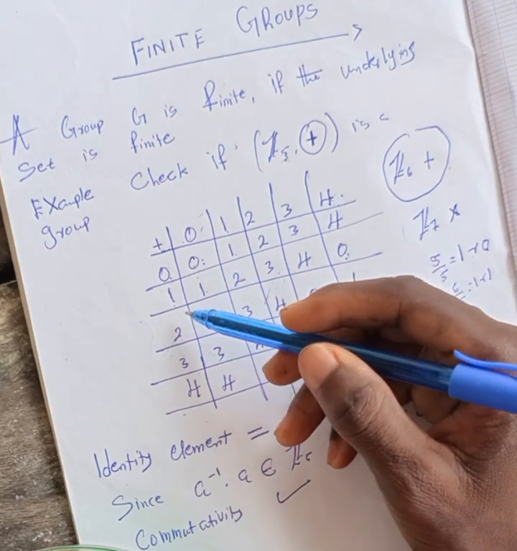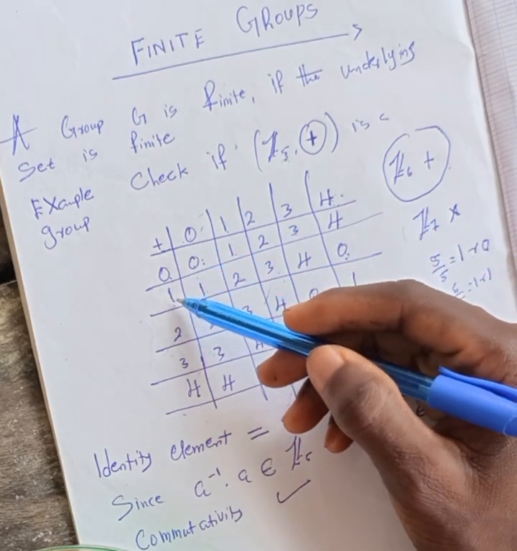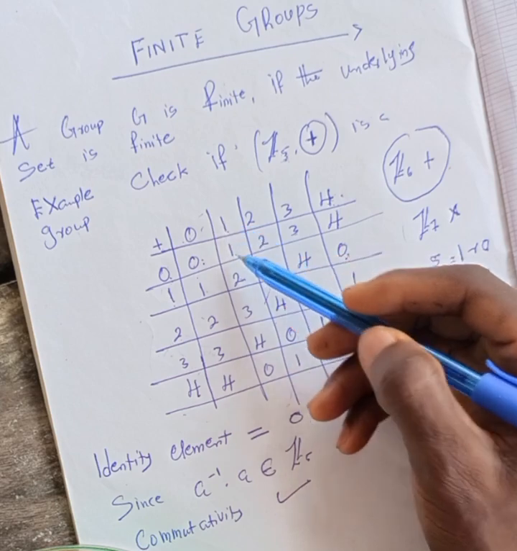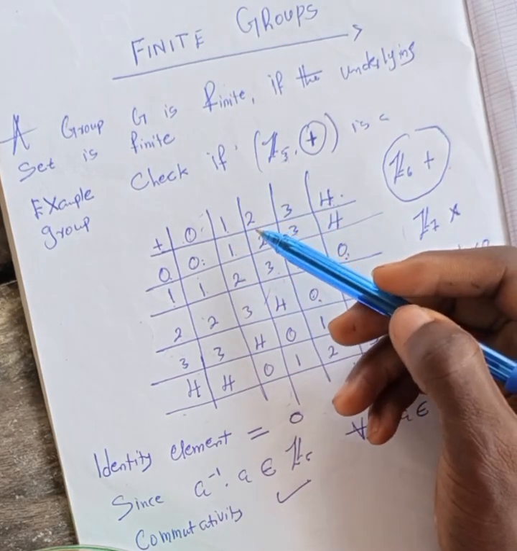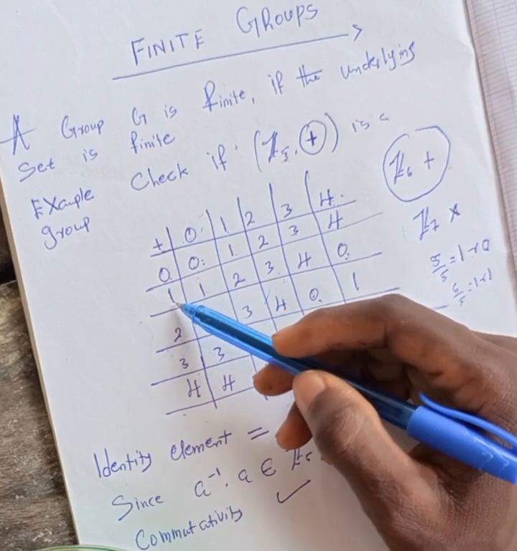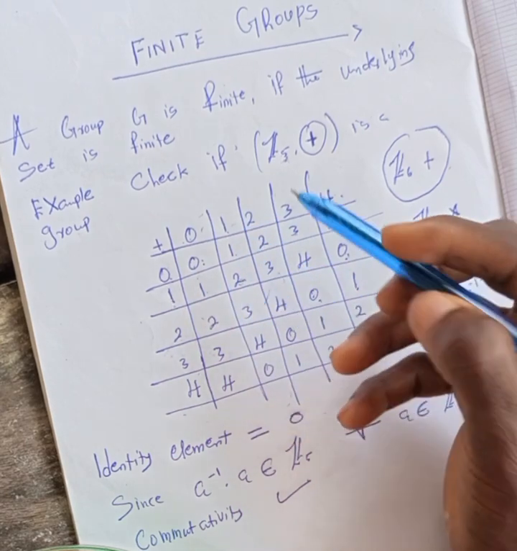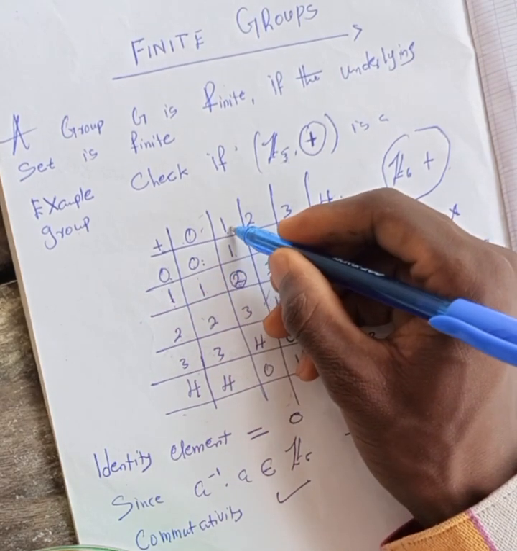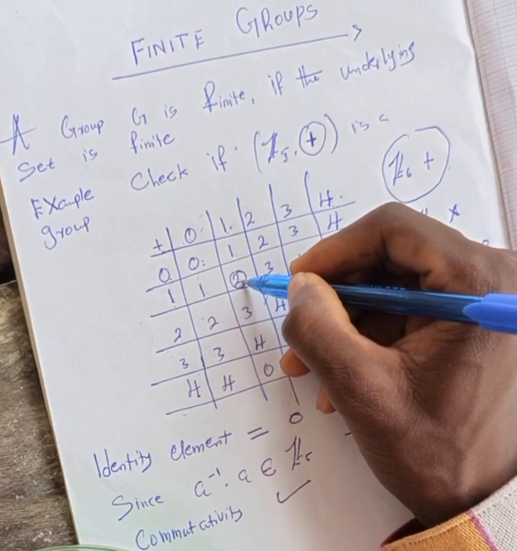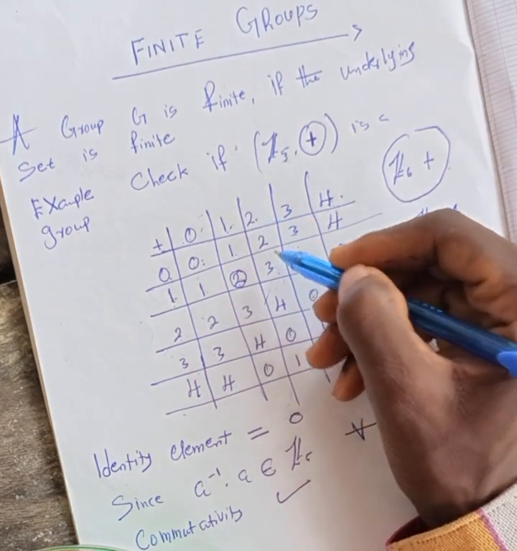So we also have an inverse. Check if you notice that 1 plus 1 is 2. This 1 added to this 1 is 2. Now let's check 1 plus 2. 1 plus 2 is 3.